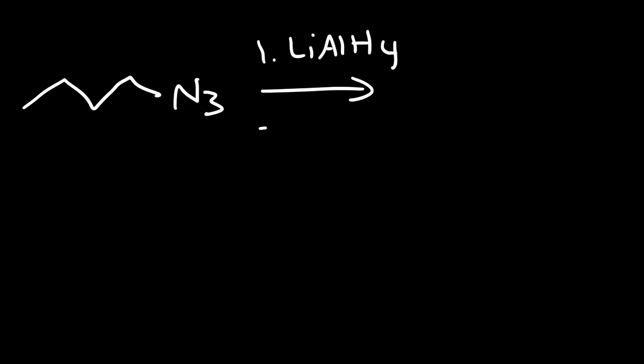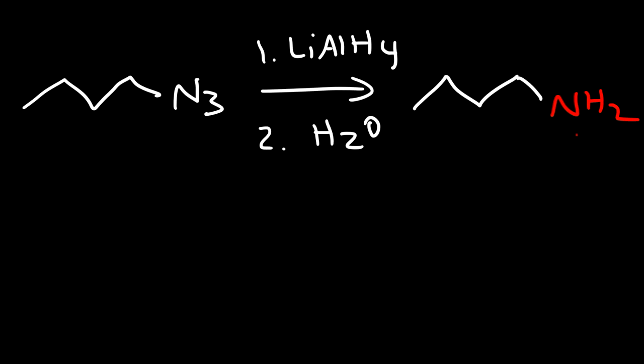Once we have this compound, we can reduce it using lithium aluminum hydride followed by H2O. We're going to lose 2 of the 3 nitrogen atoms, but the last one that remains will be reduced to an amine. And so that's another way in which we can make an amine from an alkyl halide.